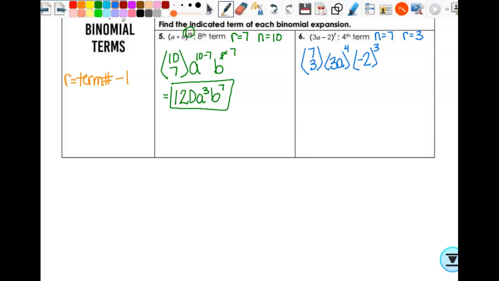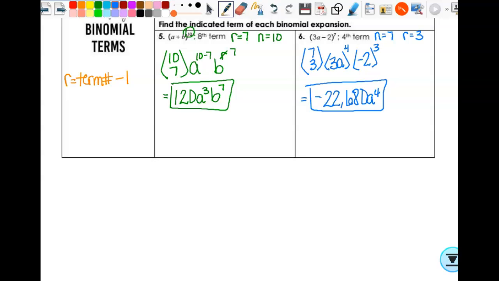So this time when you're done, you only have one variable, so you'll have a to the 4th. Once you get this number in your calculator from the combination, you're going to have to multiply it by 3 to the 4th and negative 2 to the 3rd. Let's go ahead and multiply that out, see what you get. That's what you should get, so make sure you can get that so that you know you're doing it correctly.